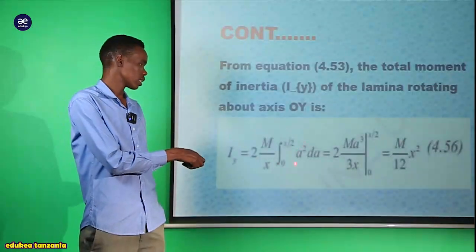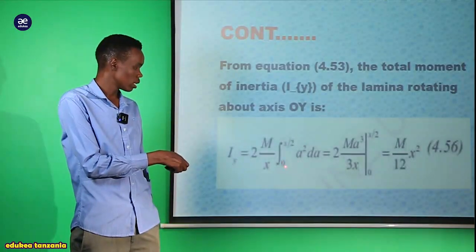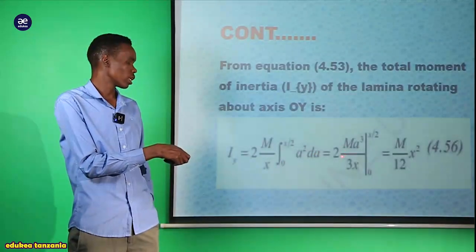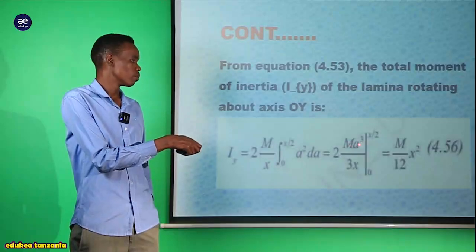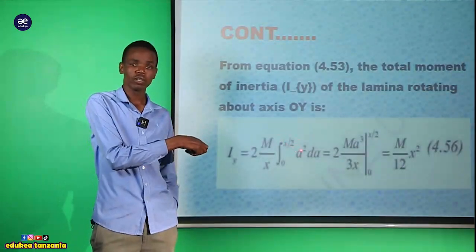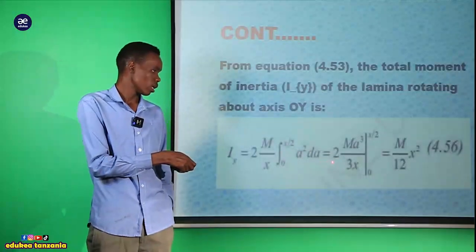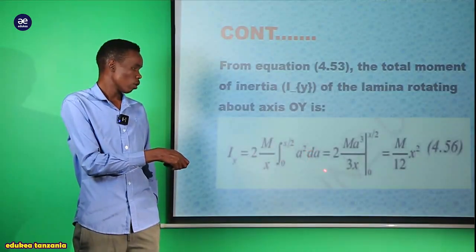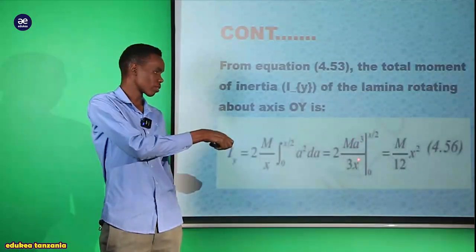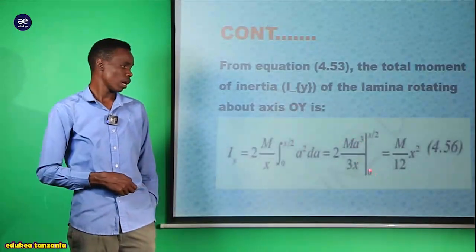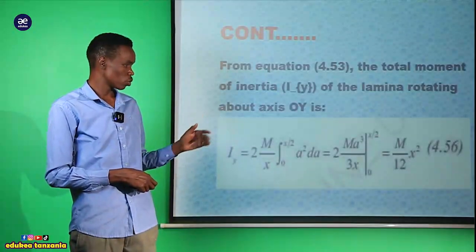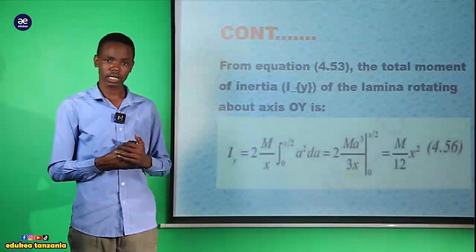So if we integrate from the limit 0 up to x divided by 2, we should obtain 2 m a cube, because when we integrate we add 1 to the exponent and divide by the new exponent, which is 3. So it is 2 m a power 3, divided by 3x, and we introduce the limit.